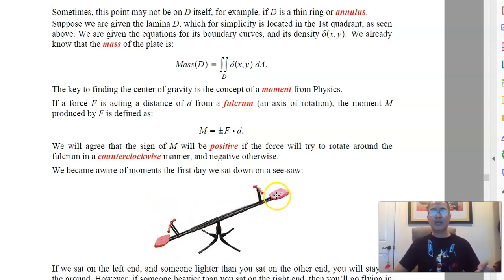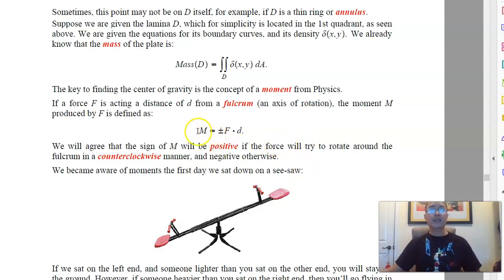And that's important because if somebody lighter than you, maybe your kid brother or sister, were on the other side, you're going to stay on the ground. Okay? So that's because your moment is greater than their moment. Okay? Your moment is trying to rotate the seesaw in a counterclockwise manner, and their moment is trying to rotate in a clockwise manner. Okay?